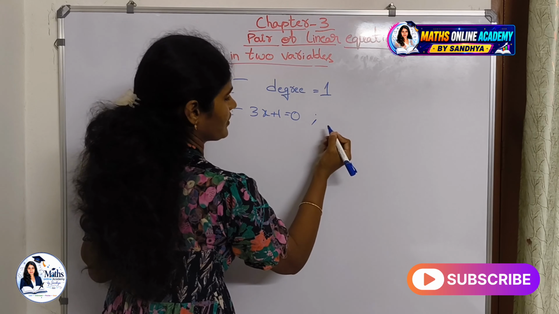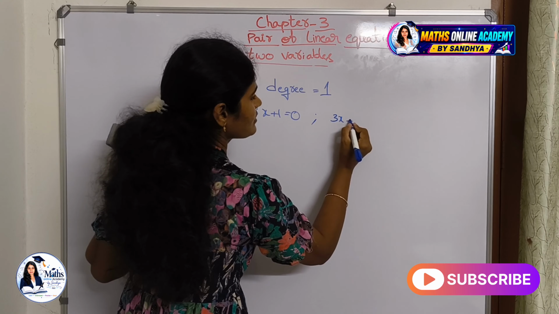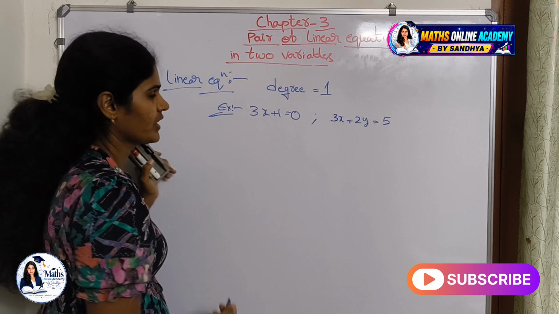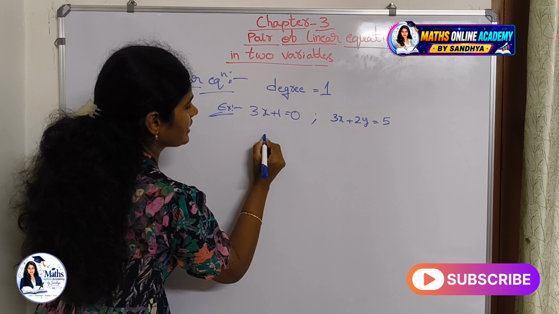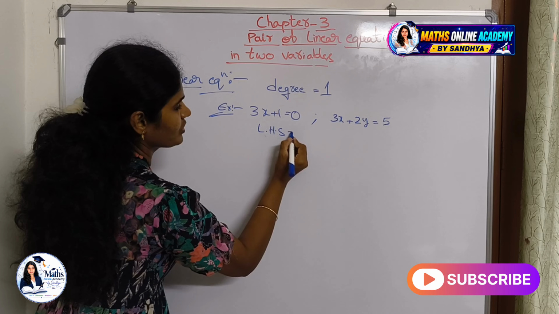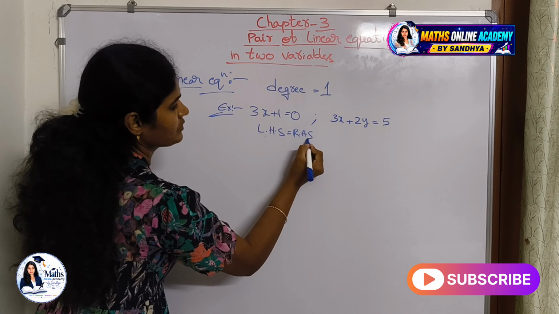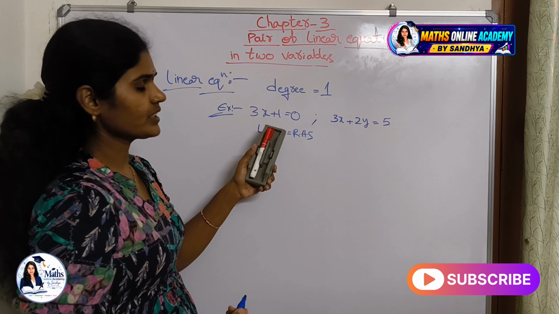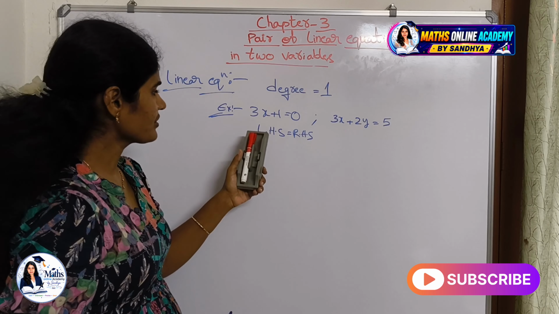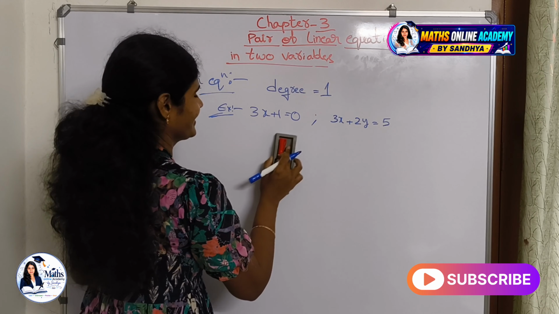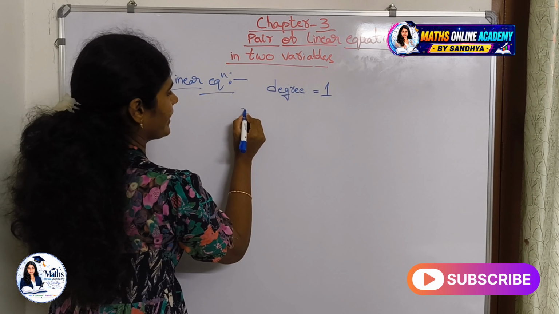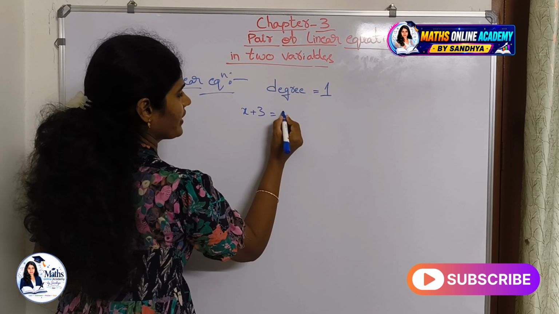This is one linear equation, and again 3x + 2y = 5. Here, for example, we have to prove LHS equal to RHS. So when you substitute the x value, you get the LHS. Let's take two examples. x + 3 = 5.